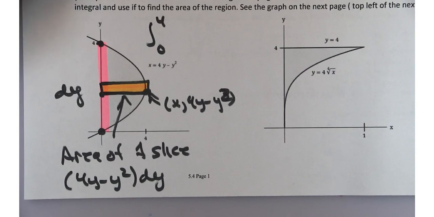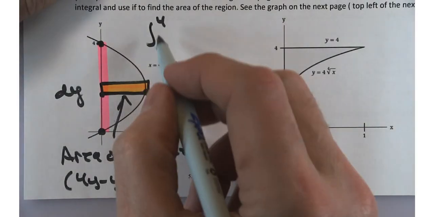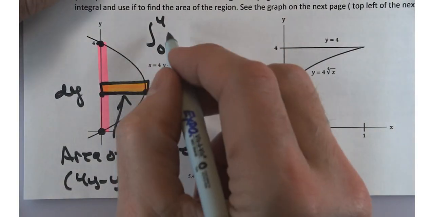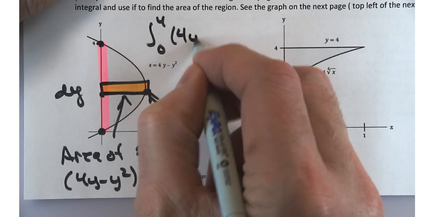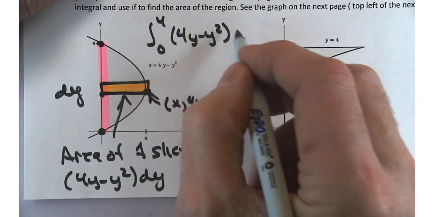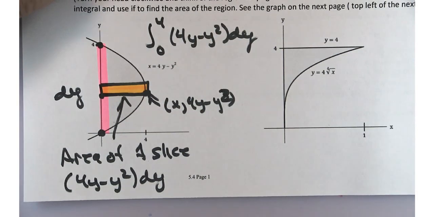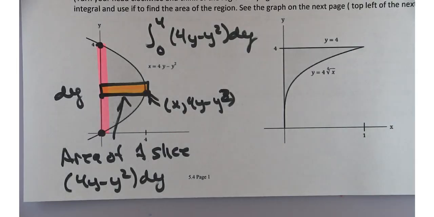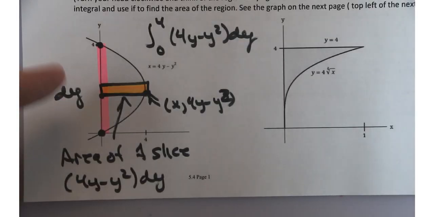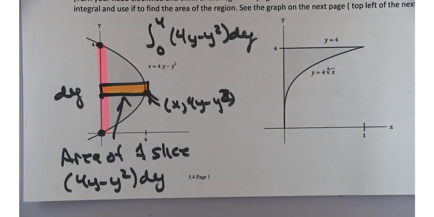That's just the area of one slice, but I want the area of all such slices. So to get that, I put this in an integral: the integral of 4y minus y squared dy. That's the integral you would use to find the area of this little piece of a parabola between the parabola and the y-axis.